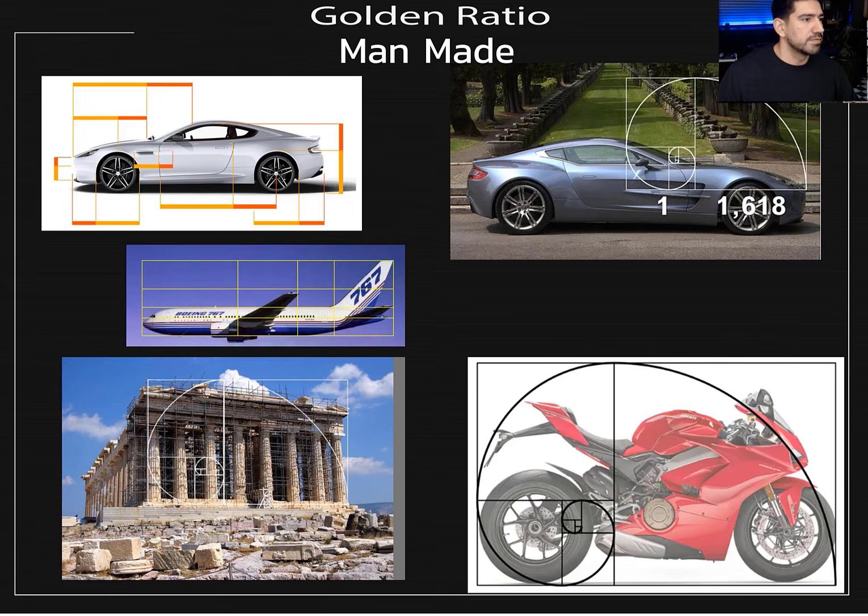Here are some man-made examples where the golden ratio is seen. Right here, the Aston Martin vehicle, they put it everywhere on this thing, and the car is definitely appealing, without a doubt.